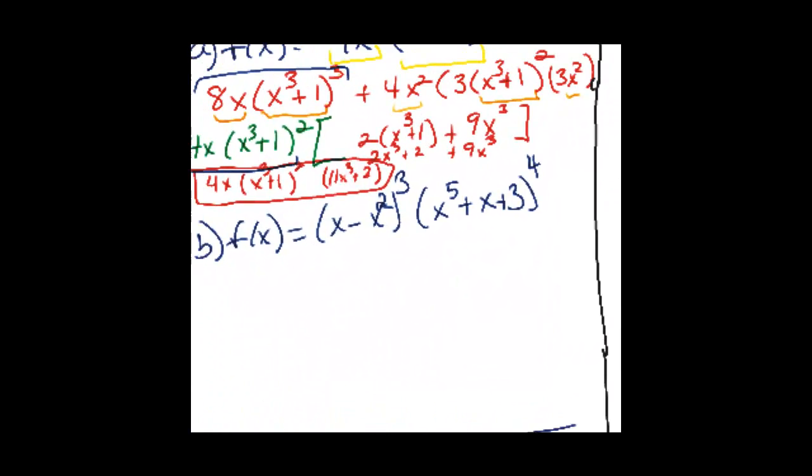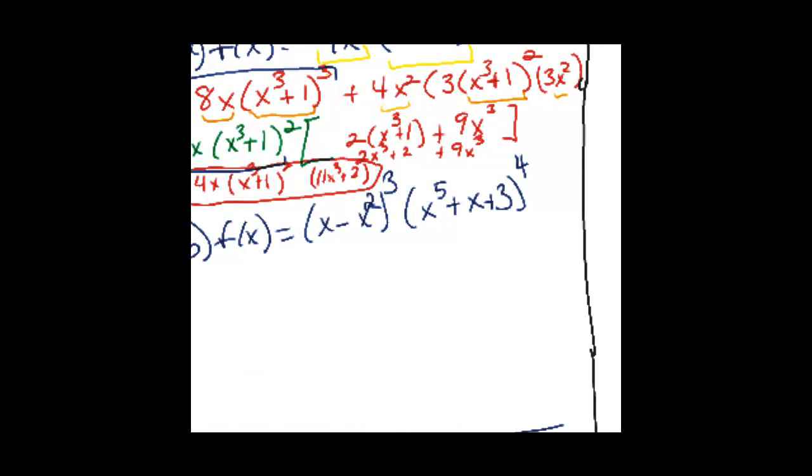Alright, hopefully I left myself a little bit more space for this one. Again, bring down, rewrite, subtract 1, derivative of the inside, and then times the other with no change.